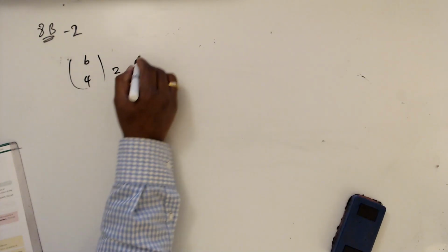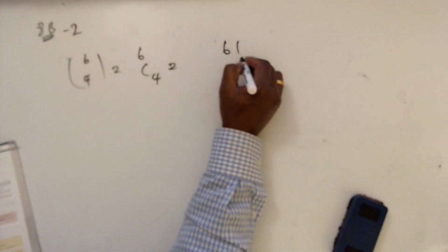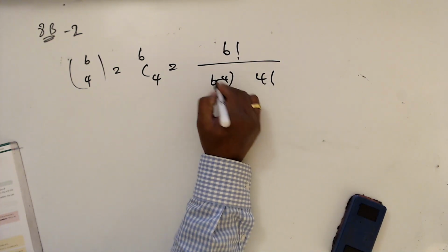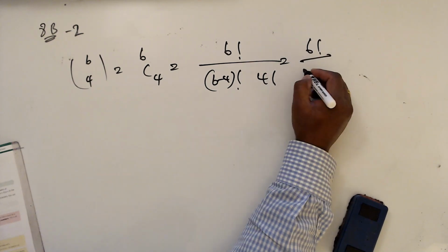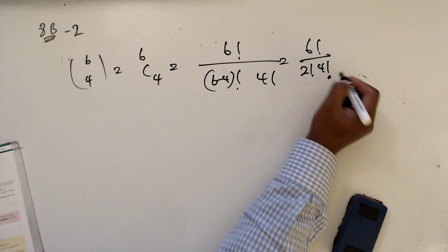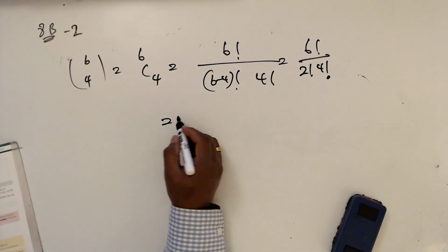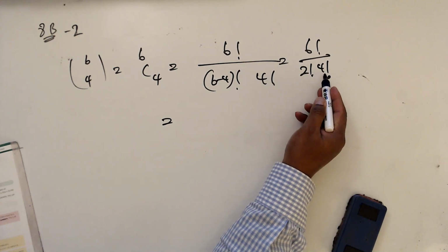What is this one? 6C4. 6 and 4 and the difference. So 6 minus 4 is 2, and 4. The answer is going to be, always cancel out with the big factorial in the denominator.